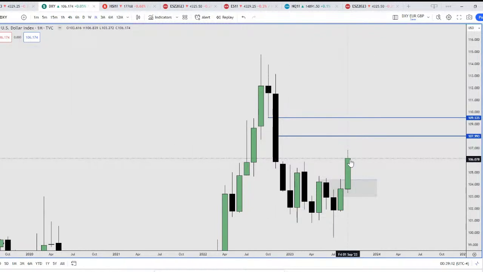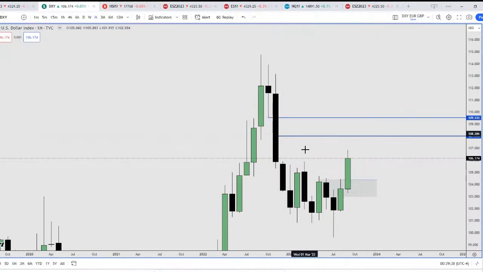That is when it has a closure above the consequent encroachment of this CB here, which is 107.175. Okay, so as long as a monthly candle can close above this price point, I will be looking for this high, right?